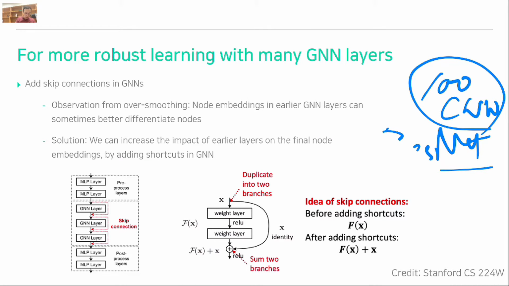We add skip connections, and we can implement them using a skip sum. We just sum the two different inputs, I mean input and output. Here this is the input and this is the output, and we can also concatenate and employ another neural network. This is called the skip concat.